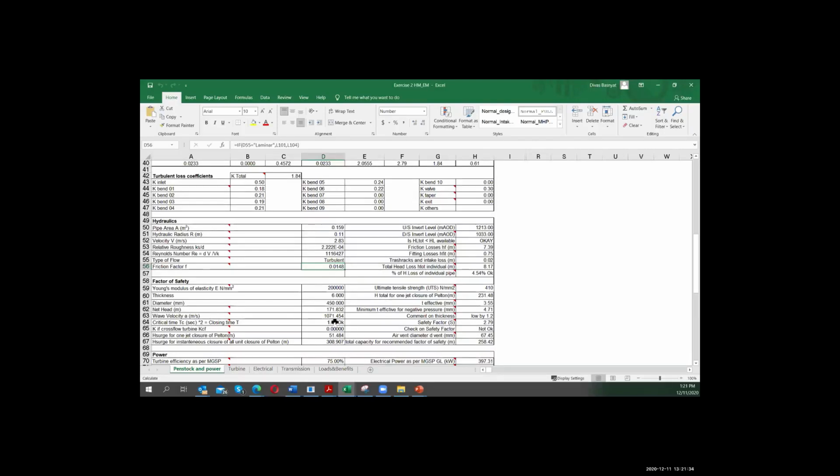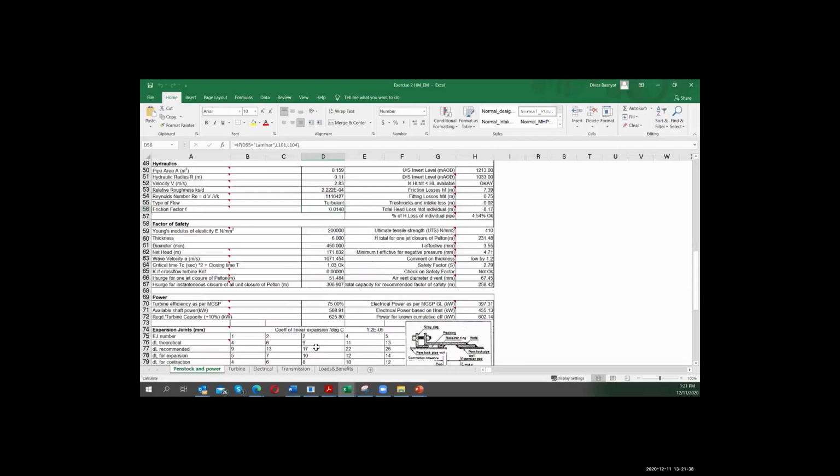And then you get the different factor of safety as I showed in the presentation. So this is the turbine efficiency.